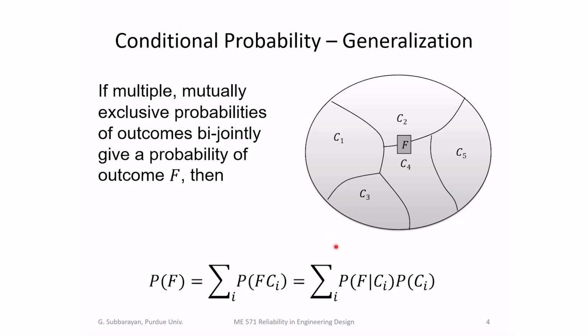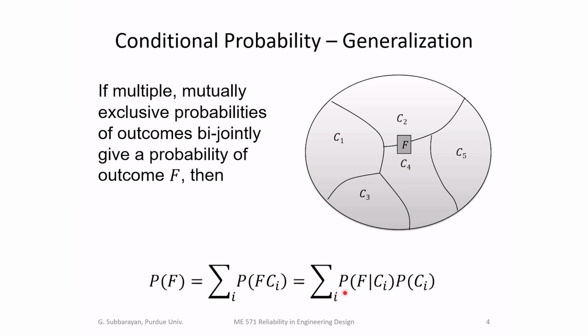So in reality, what we would seek is the probability of Ci given F. In other words, given that a failure event has occurred, we would want to know what is the probability that it occurred due to cause 1 or cause 2 or cause 3 and so on? That's really what we seek in practice.